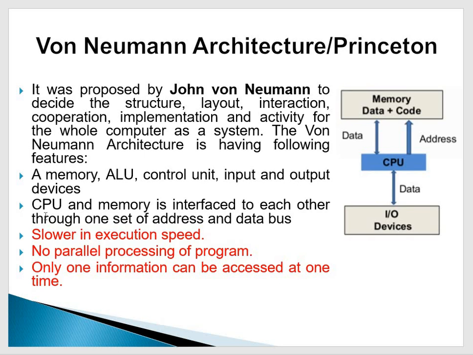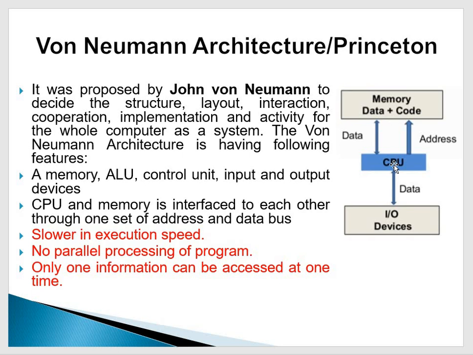How is it slower in execution speed? For example, suppose the processor wants to fetch the opcodes of the program from the memory. It will send the address on the address lines, and those opcodes will be fetched to the CPU over the data lines.